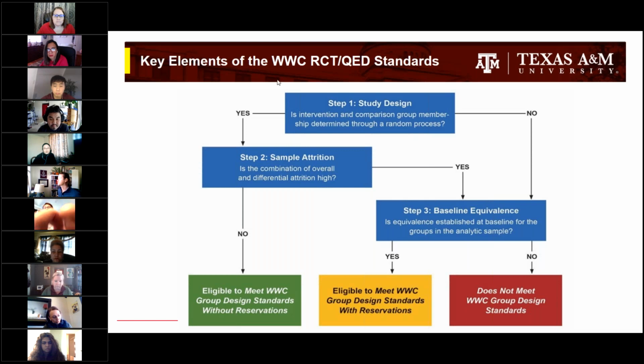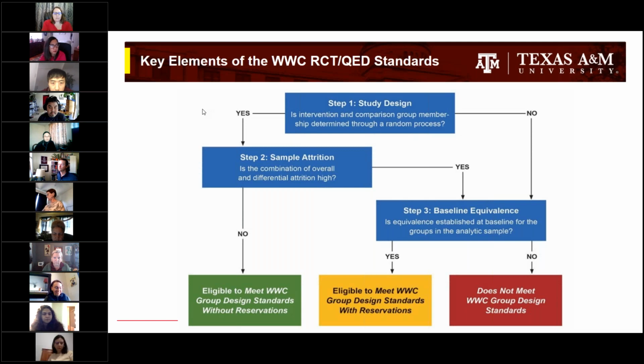Firstly, I want to show you a flow chart that WWC uses for evaluating RCT and QED studies and determining whether those studies can receive 3 ratings: meets WWC group design standards without reservation, with reservation, and does not meet WWC group design standards. WWC uses 3 steps to evaluate RCT and QED studies.